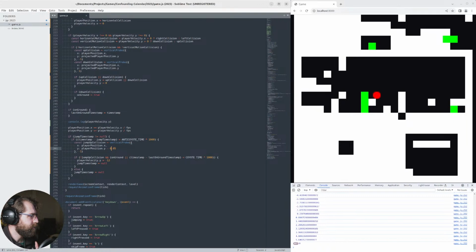So that was minus 12 divided by 60 on this machine, so minus 0.2. Wait, I'm getting all mixed up, aren't I? Velocity is... No, it must be in cells, right? Because my player position is in cells. Yeah, okay.